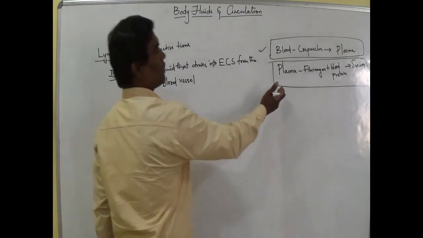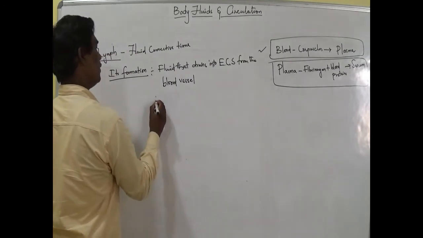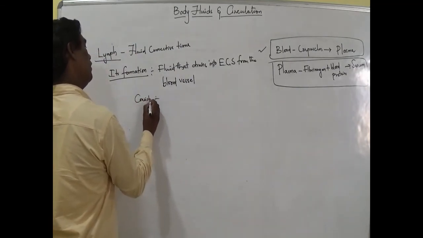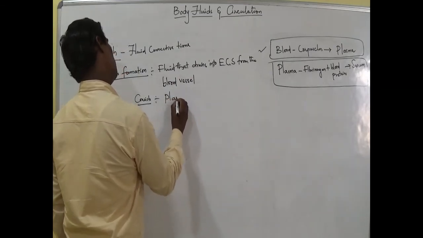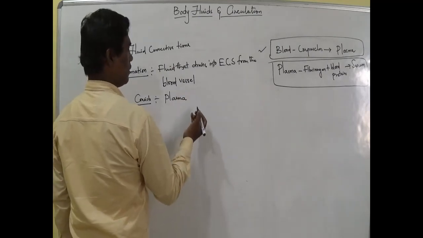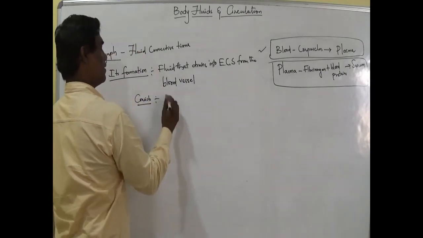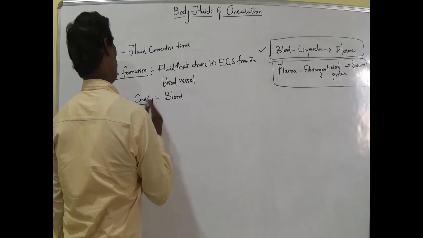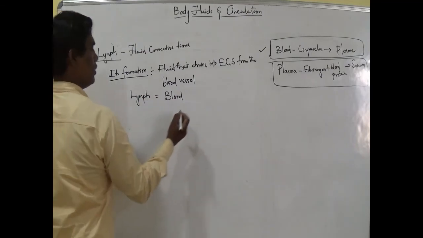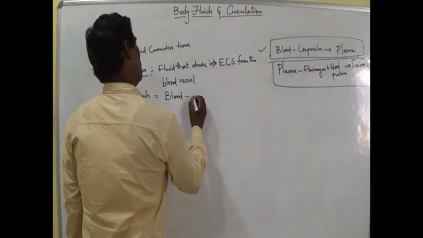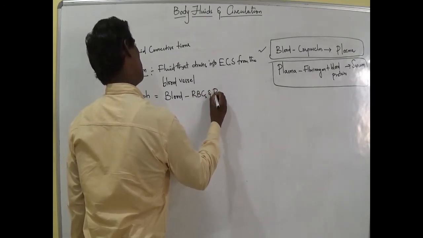As I mentioned, lymph is equivalent to blood minus RBCs and blood proteins.